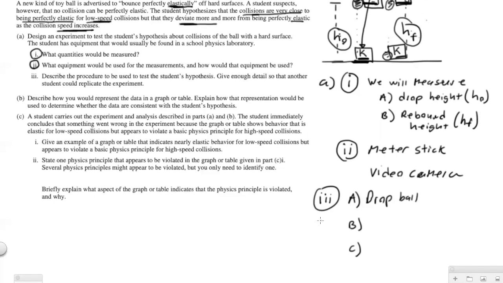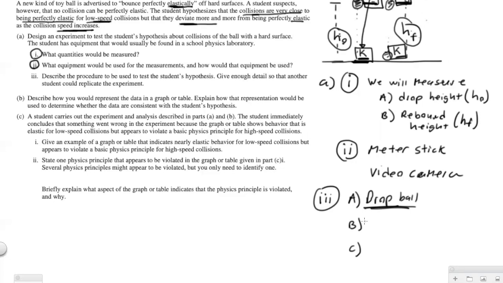Use the meter stick to record the drop height. So I'll say that again. The first step of my procedure is drop the ball from 8 different heights, ranging from small to large. Use the meter stick to record the drop height.